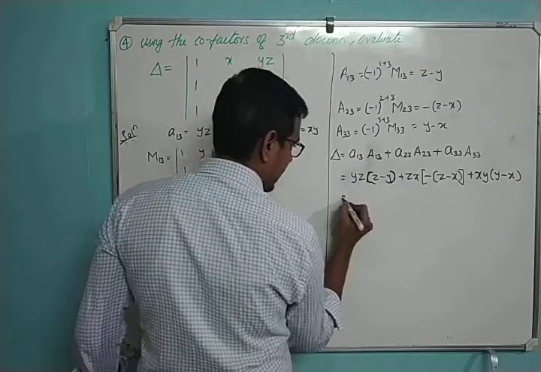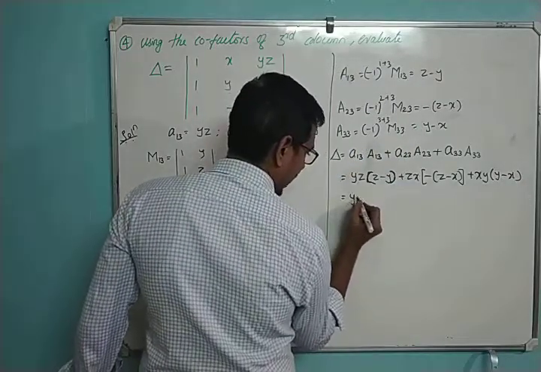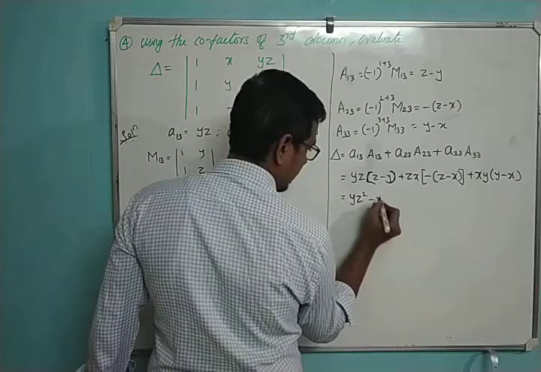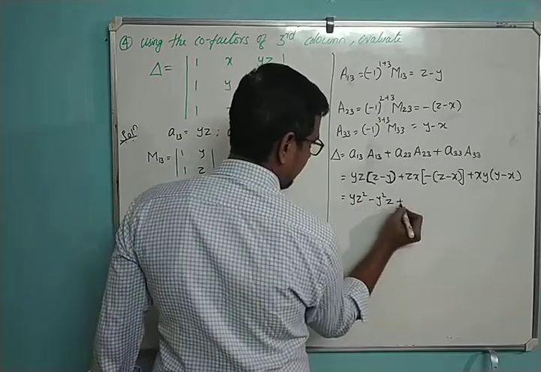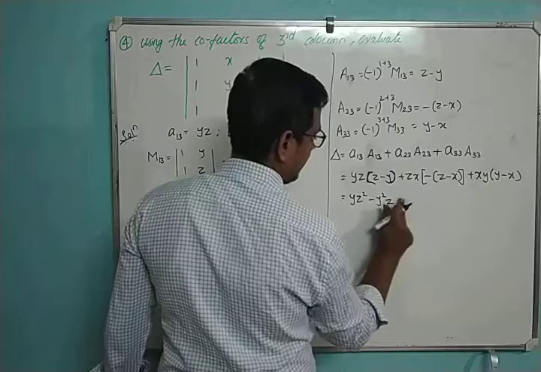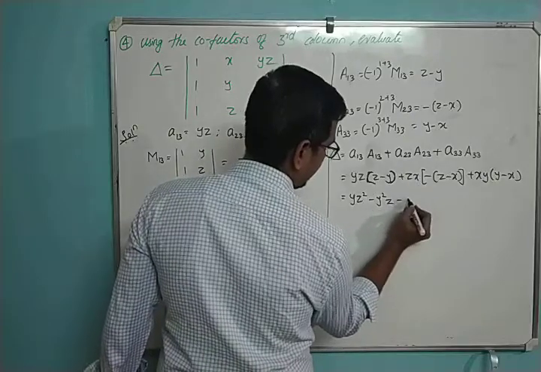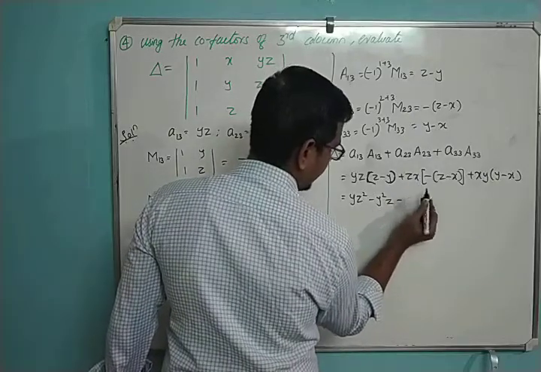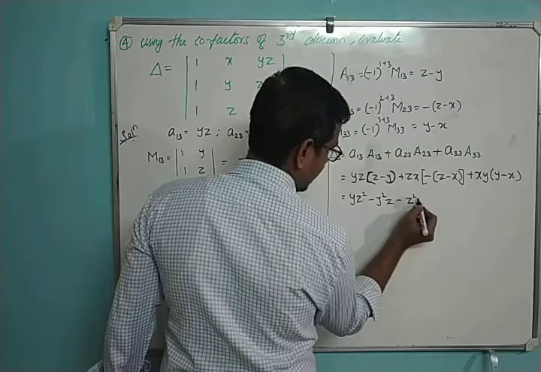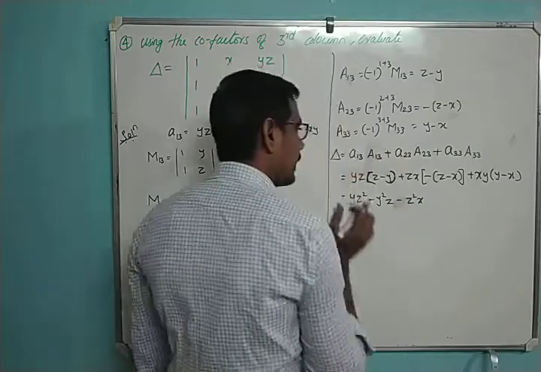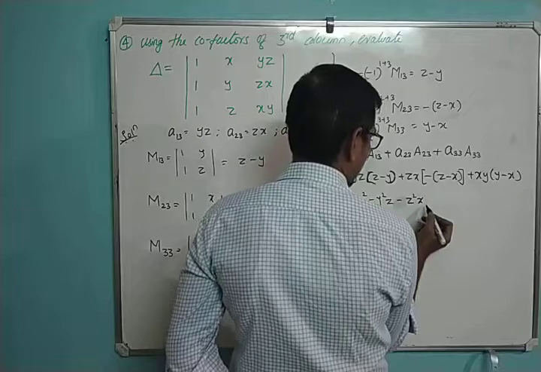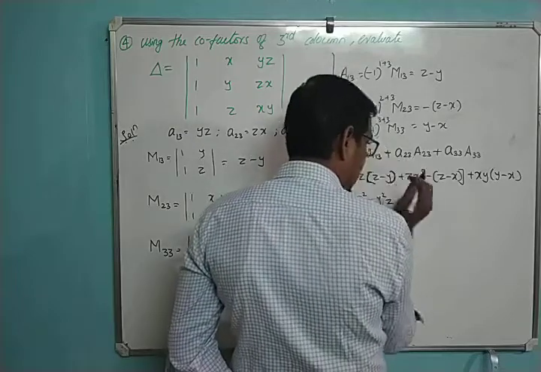Okay, so this can be written as YZ square minus Y square Z, and minus outside, right? ZX into Z, Z square X, right? So minus into minus becomes plus, right?